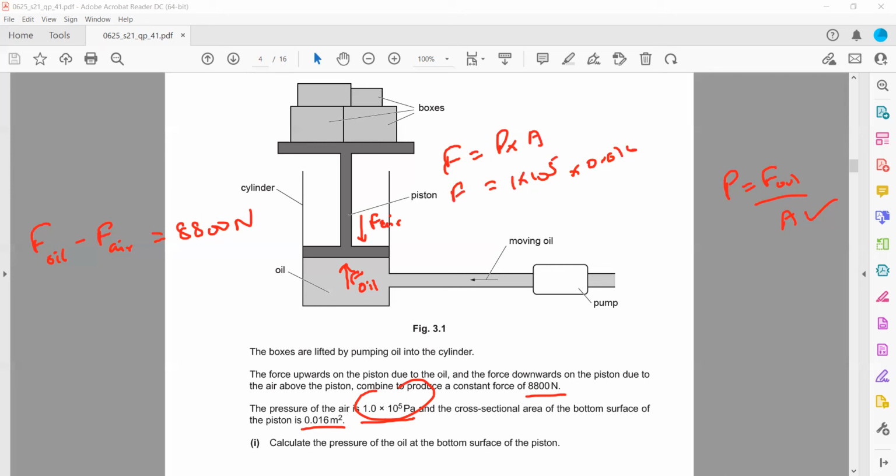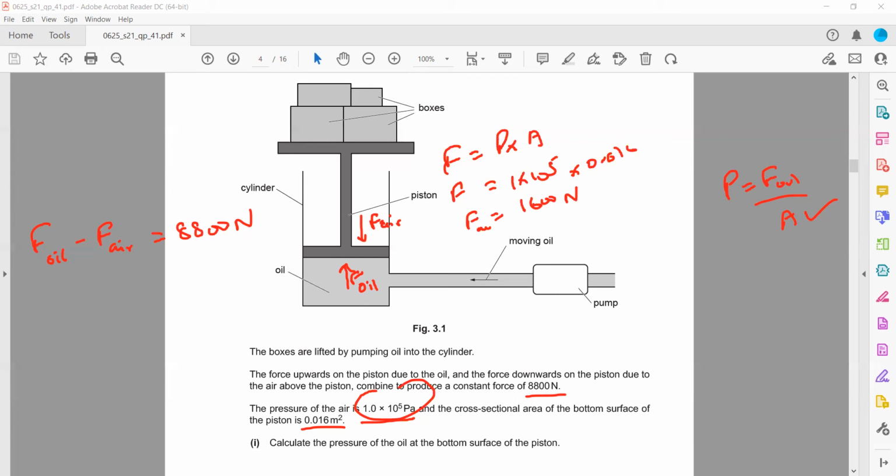So when we multiply, the pressure is 1 exponent 5 and the area is 0.016. This will give us how much force is applied by the air. So the force of the air will come out as 1,600 Newton. Now we'll find the force of the oil.